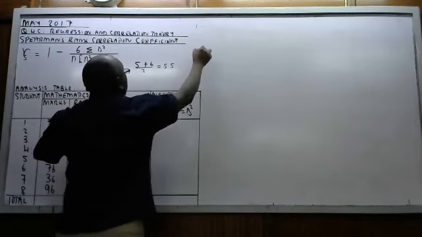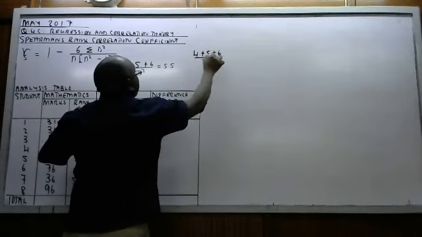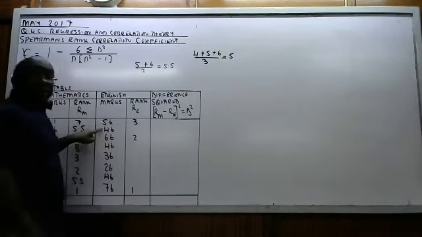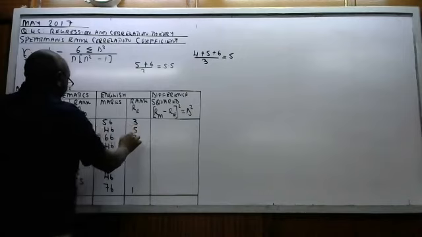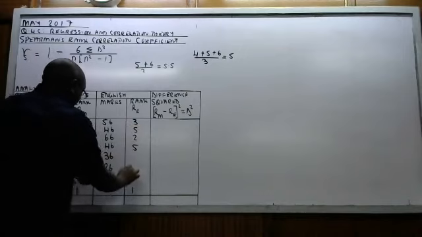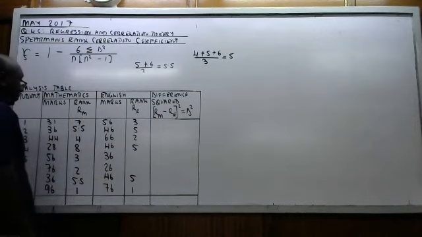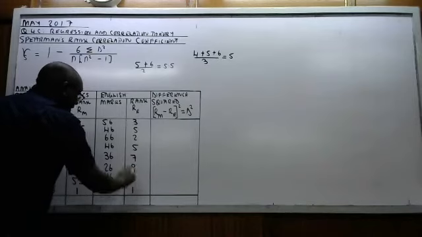So you take 4 plus 5 plus 6, you divide by 3, and the answer will be 5. So this is number 5, this is number 5, and this is number 5. Then this is number 7, and this is number 8.